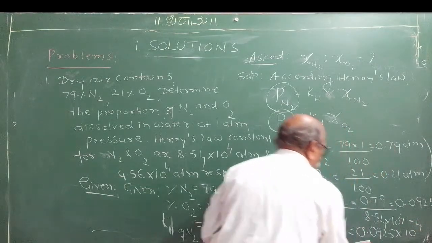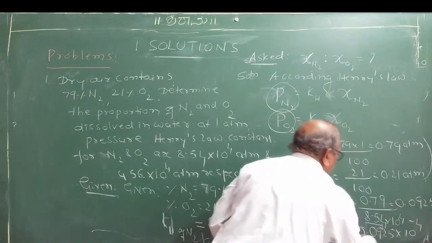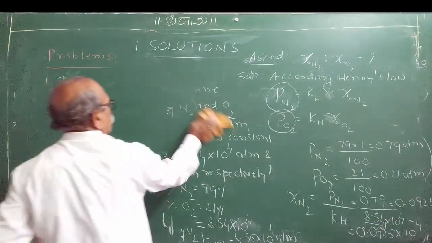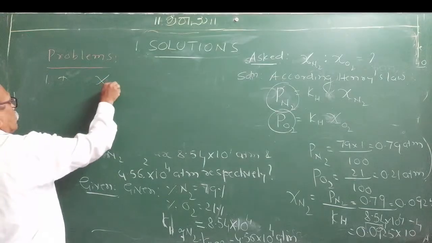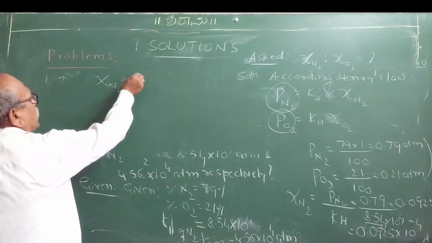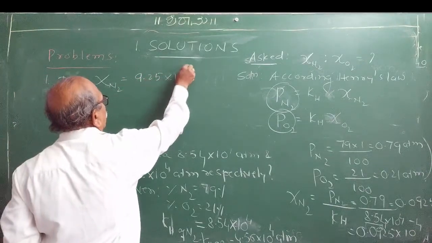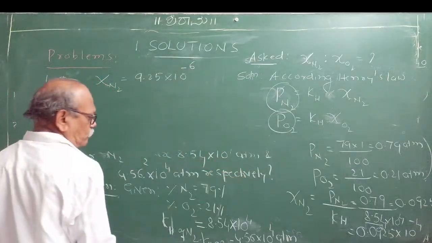To write it in scientific notation, shift the decimal point to the right, and you have to subtract. Shifting it to the right, you will get the mole fraction of nitrogen as 9.25 into 10 raised to minus 6. Right shift means subtract: minus 4 minus 2.